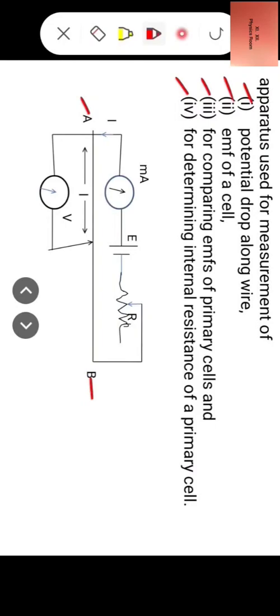AB is potentiometer wire, MA is milliampere meter, E is EMF of the cell, RH is rheostat, and V is voltmeter. Okay. Now this is how setup of potentiometer comes out to be. Let us look in more details in the coming slides.